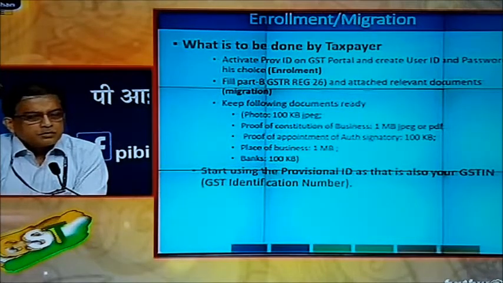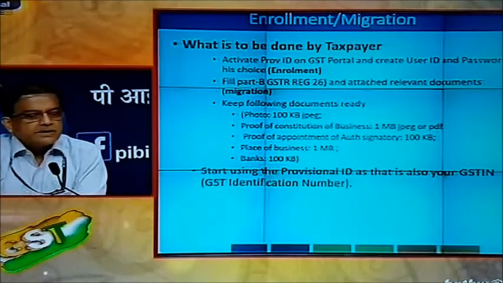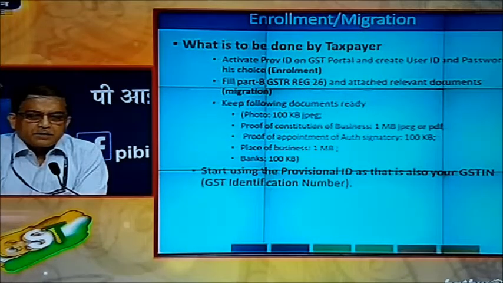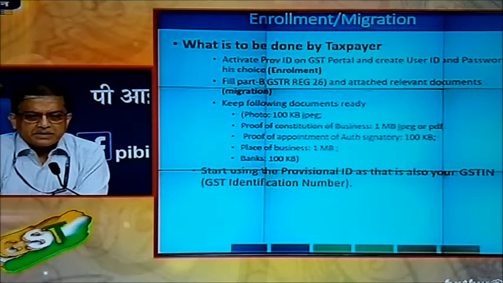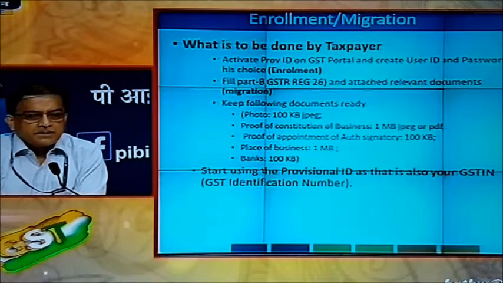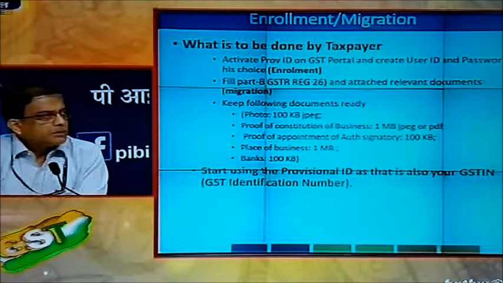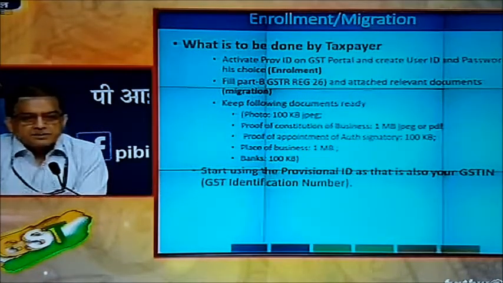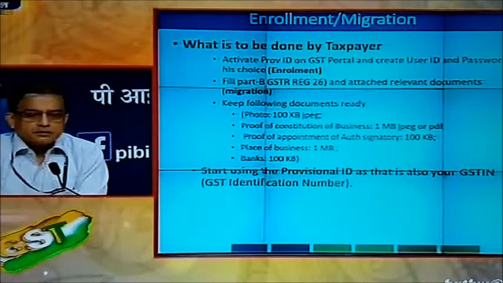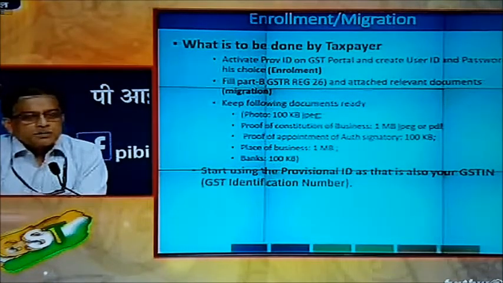So one has to go to the portal, gst.gov.in, use the provisional ID which has been given and the token, and after that the system will ask for a mobile number and an email ID on which OTPs will be sent. Once you fill in the OTPs sent on both email as well as mobile, the system basically enrolls you.